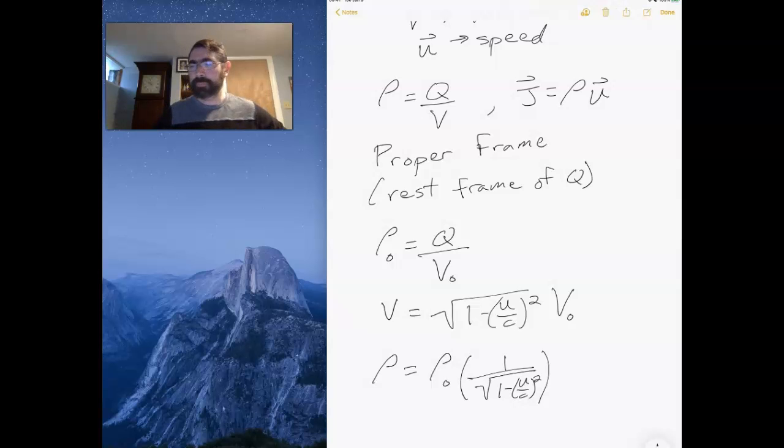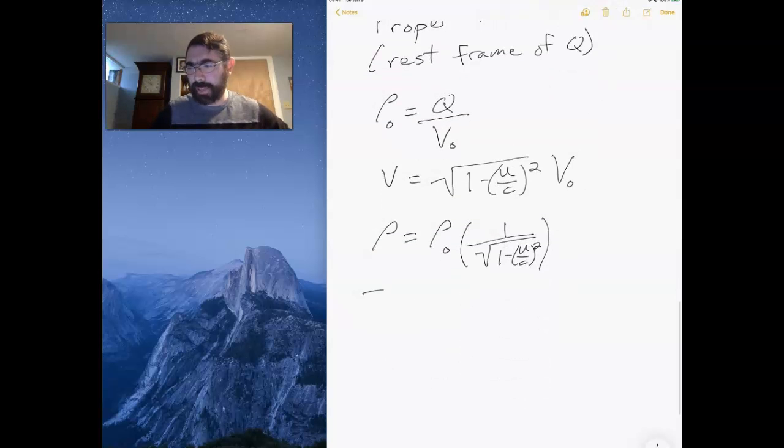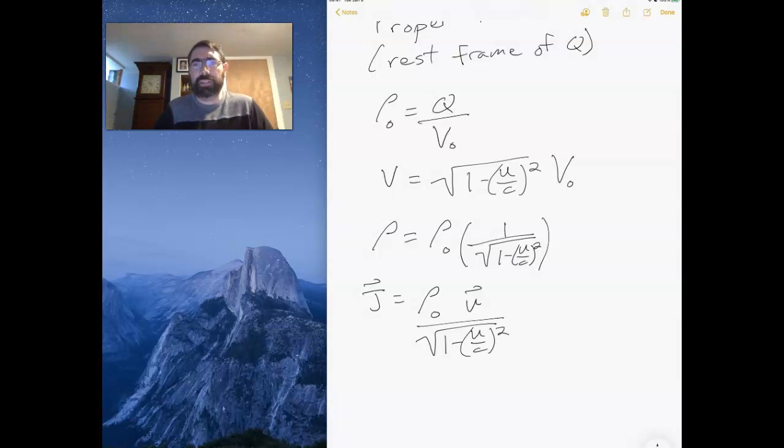And that means that the current density is going to be rho 0 u over the square root of 1 minus u over c quantity squared. So basically, that gamma factor applied to it.